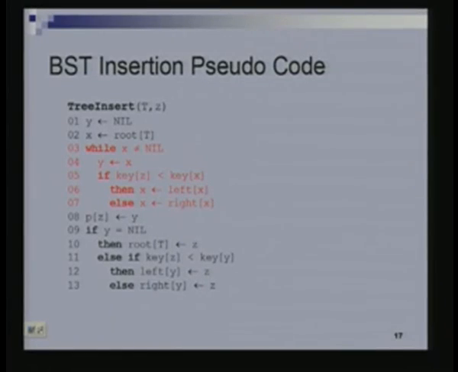So this can be the code for insertion. I'm given a tree T. I am trying to insert this node Z into a tree T, right?